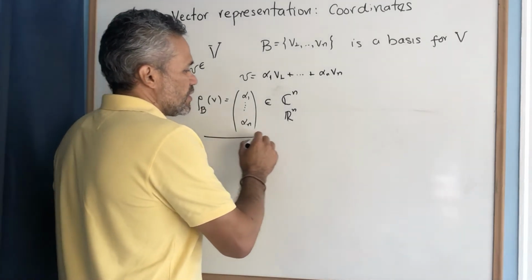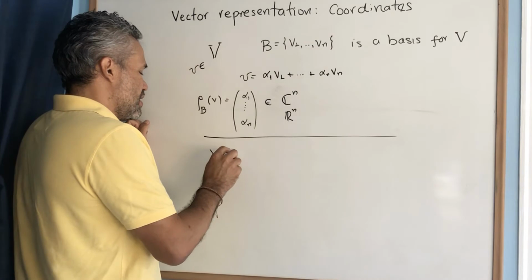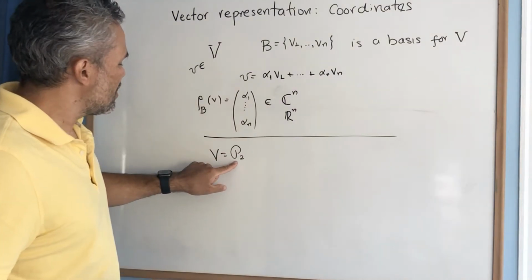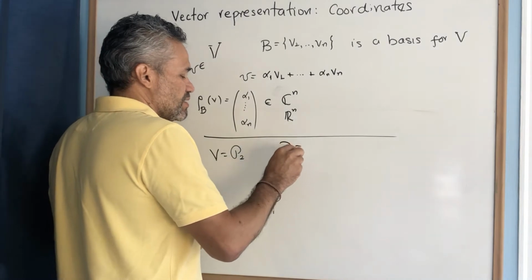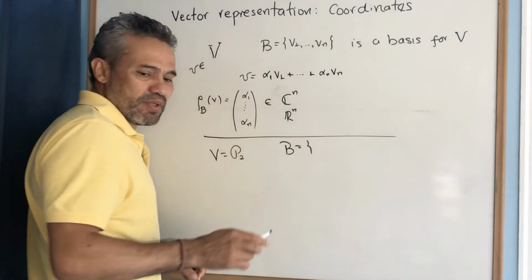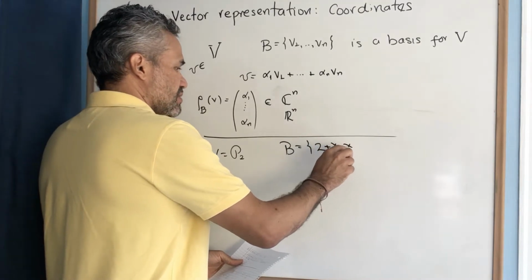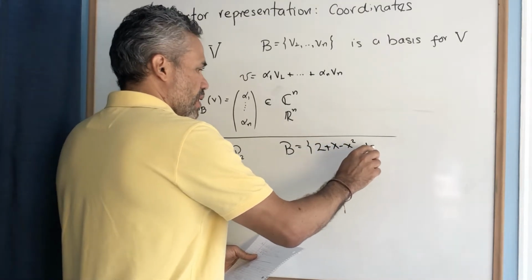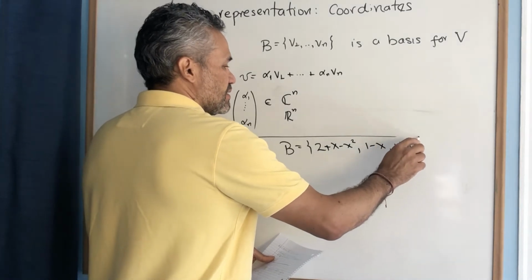Let's do some examples. Let's suppose that V is the set of polynomials of degree 2 or less. And let's suppose that our basis B is the polynomials 2 plus x minus x squared, 1 minus x, and 1 plus 3x.